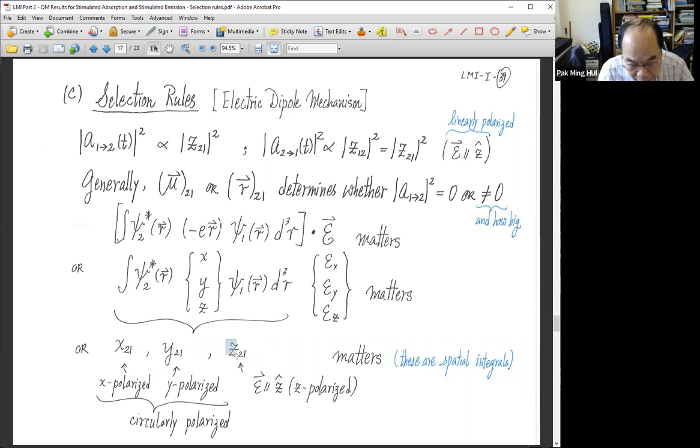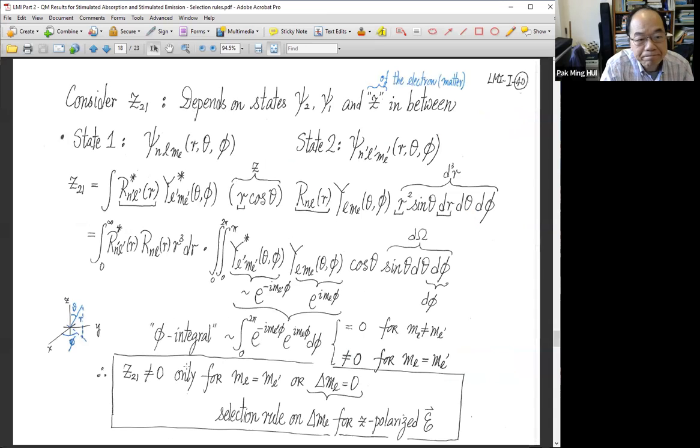I use Z assuming linearly polarized light along the Z direction, but if you play with circularly polarized light, you have a plane for the E field pointing. Usually you record it in the XY plane, and therefore you also need these integrals. Therefore, these integrals depend on 3 things: the 2 atomic states, and what is in between.